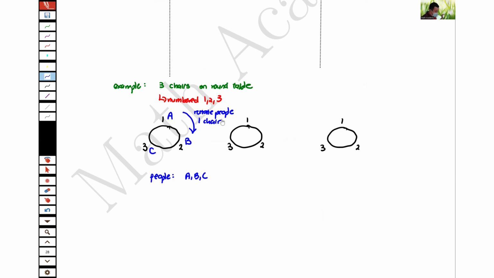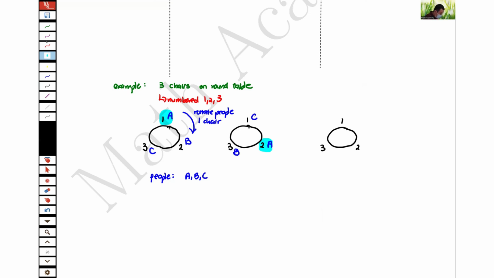So person A no longer sits at 1. Person A goes to 2. And so on. B, C. Is this considered a same or a different case? This is a different case, for example, because person A is not on the same chair anymore. If you're on a different number chair, it's a different case.